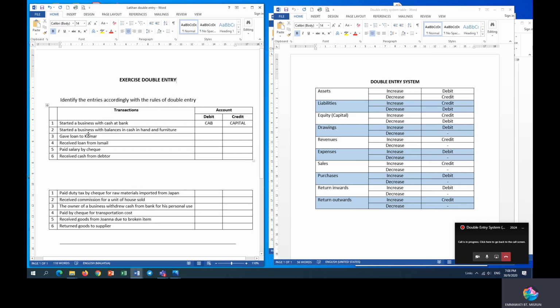One is capital, and the other one is cash at bank.